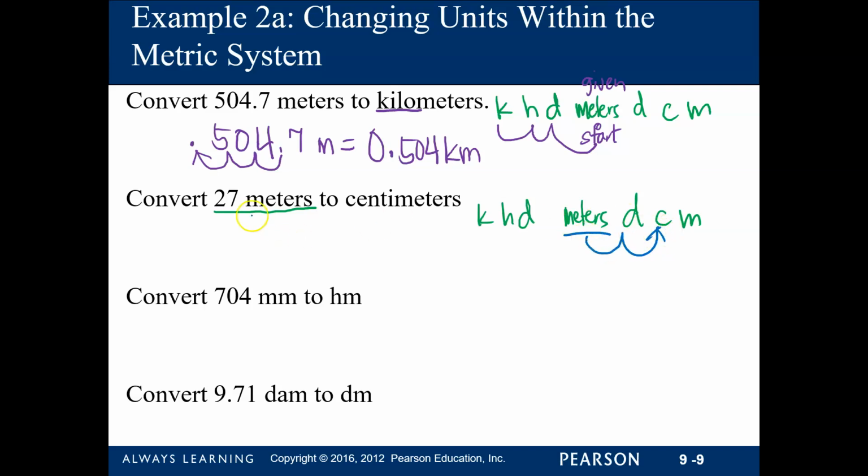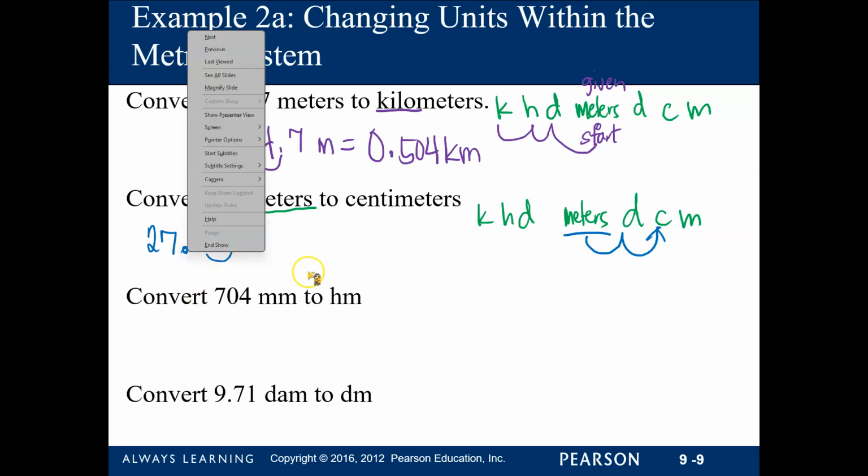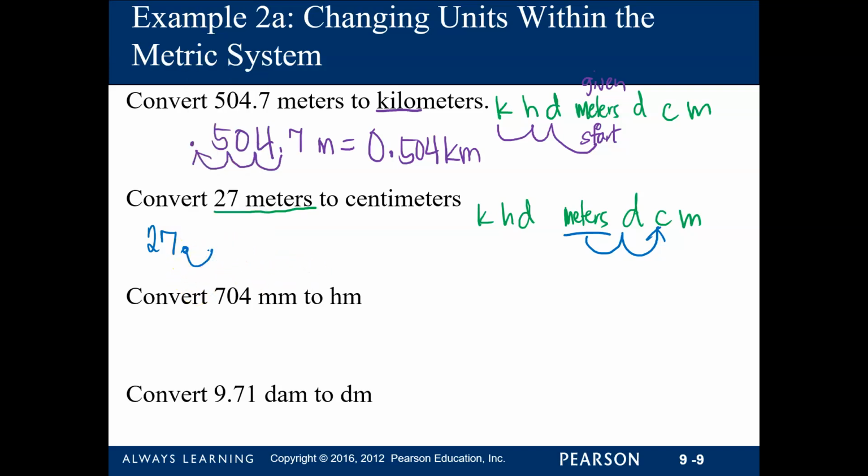So we need to move the decimal point of 27 meters. It's right over here at the end. We need to move 2 decimal places to the right. All right. And so we fill in those blanks. And that will now be 2,700 centimeters. As quick as that.